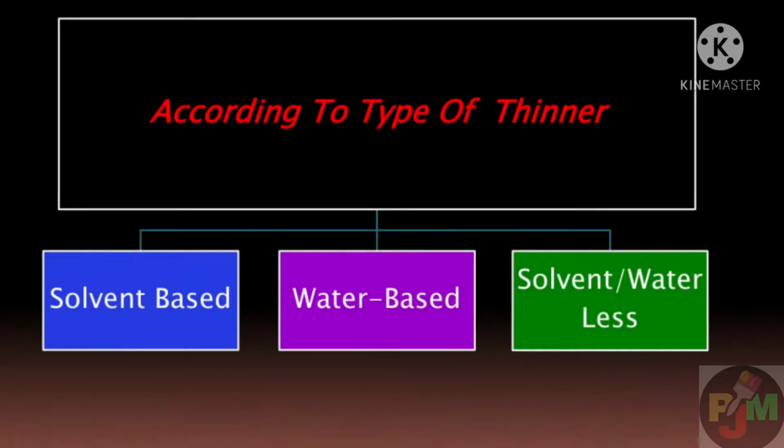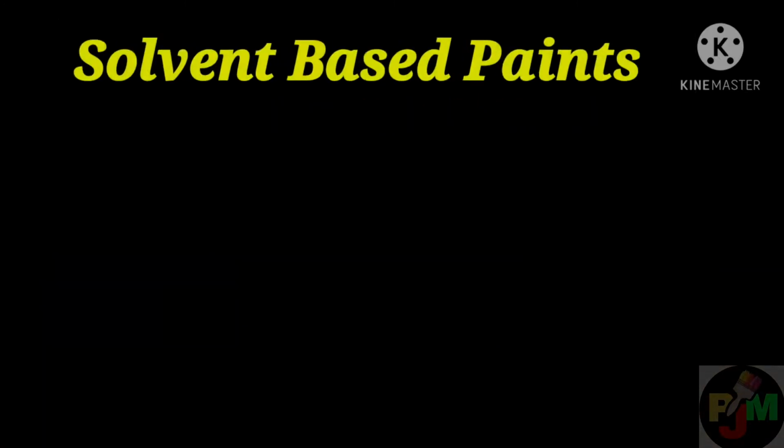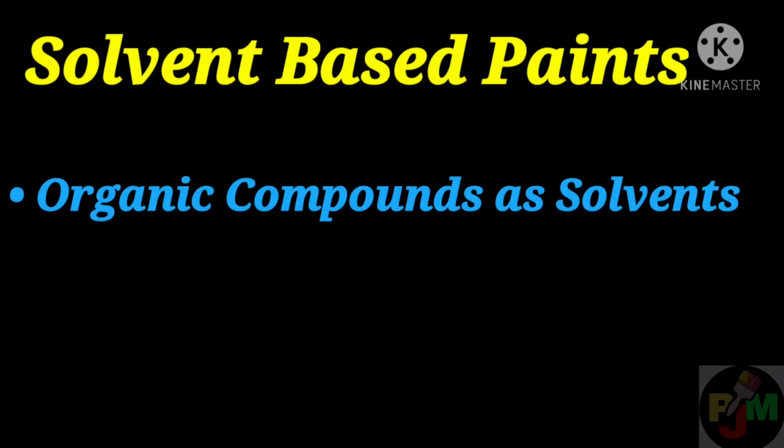Next classification depends on type of thinners, which include solvent-based paint, water-based paint and solventless or waterless paint. Solvent-based paint contains organic compounds as solvents. Solvent-borne paints dry fast.